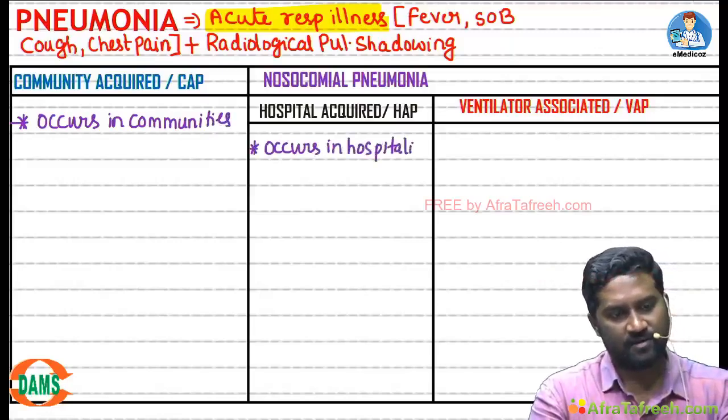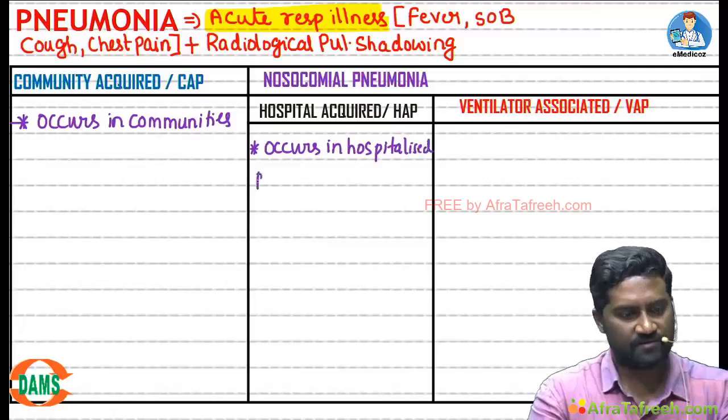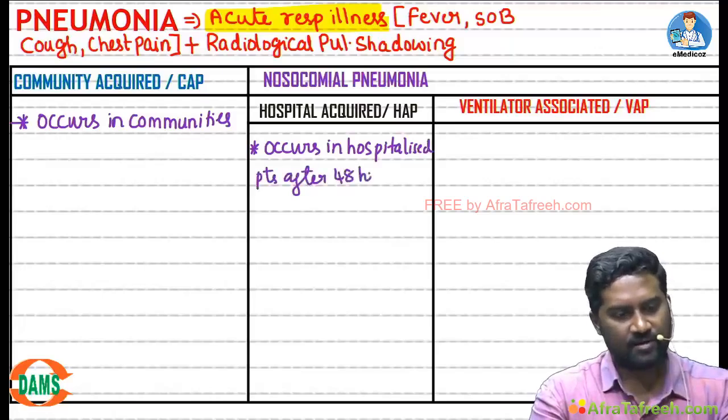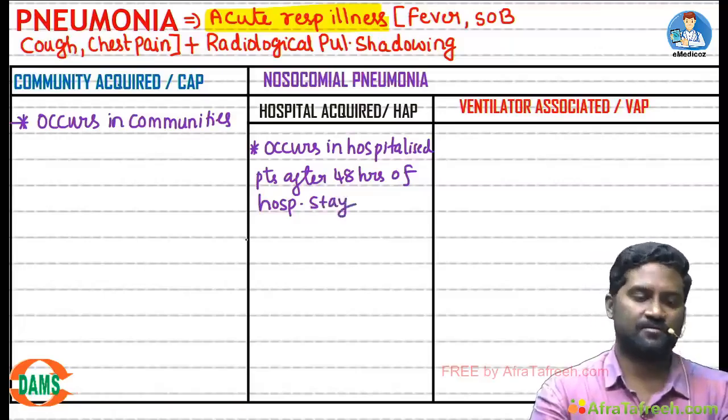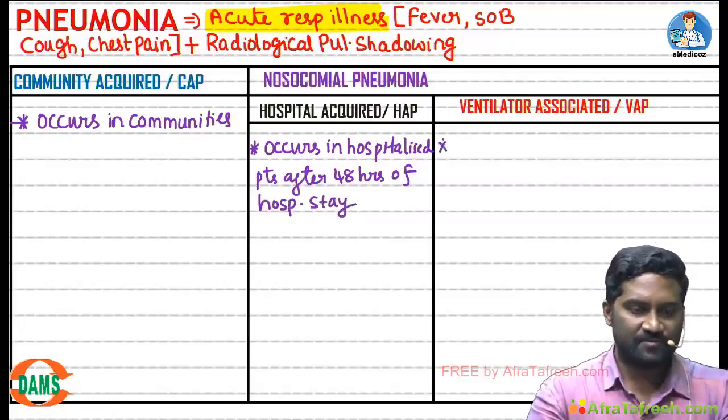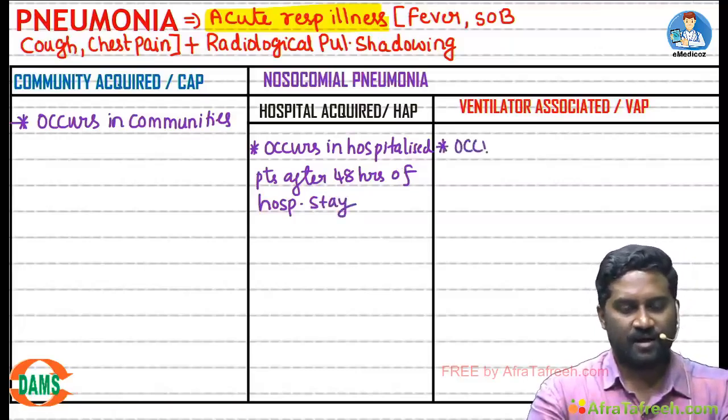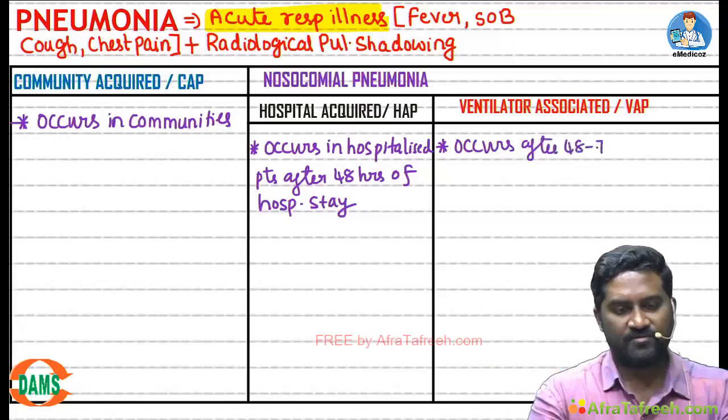after 48 hours of hospital stay. The patient should have stayed in hospital for more than 48 hours. Ventilator associated pneumonia occurs after 48 to 72 hours of which type of mechanical ventilation?